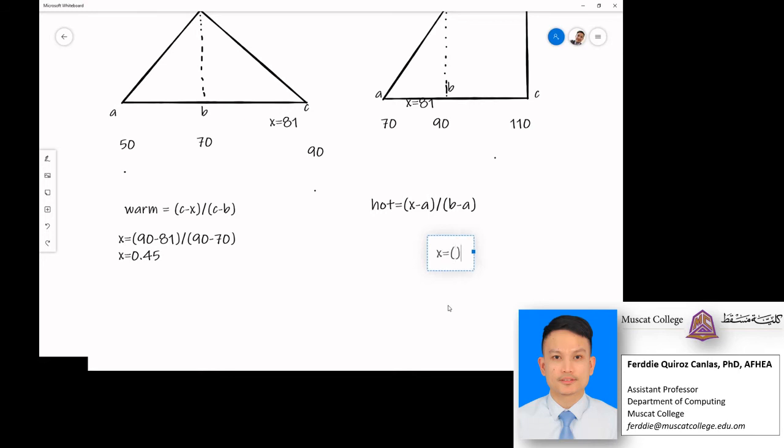You just have to put the values here. What will be the values? So in this case we have x minus a, which is 81 minus a, which is 70, divided by b minus a, which is 90 minus 70, right? So you should get a value here.